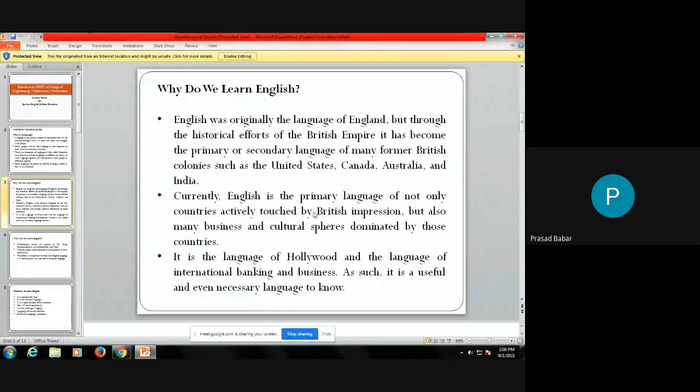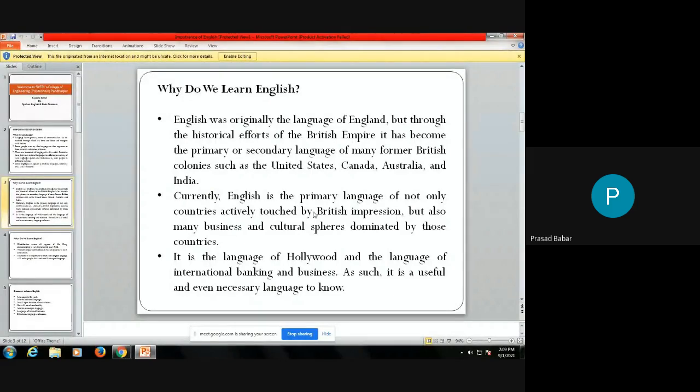Many of you have seen that series Avengers or Harry Potter. These are the movies. So, in which language are these dubbed? These are dubbed in the English language because English is spread all over the world by Britishers, and that is why it is a global language.